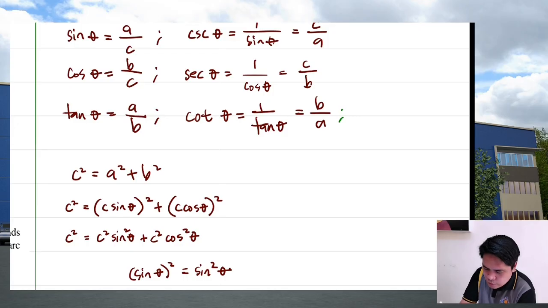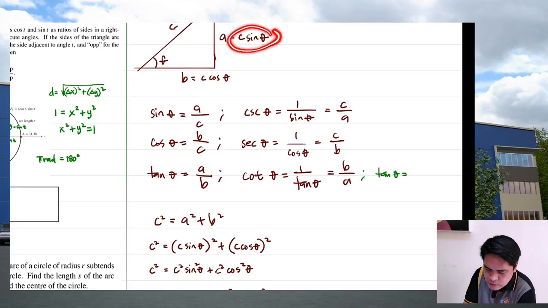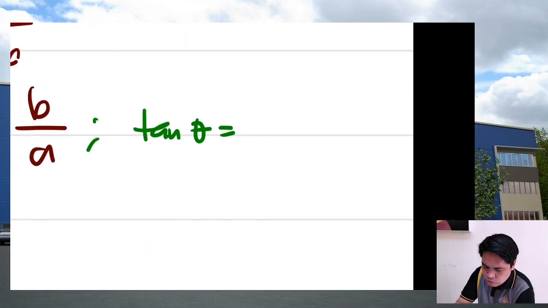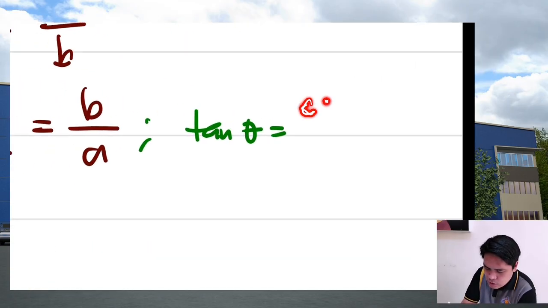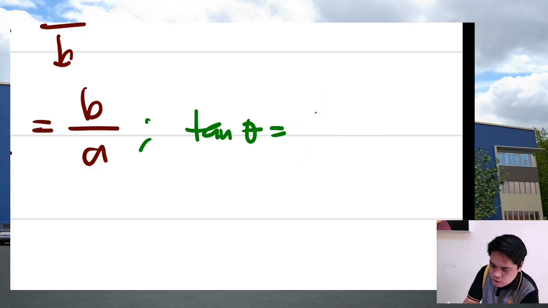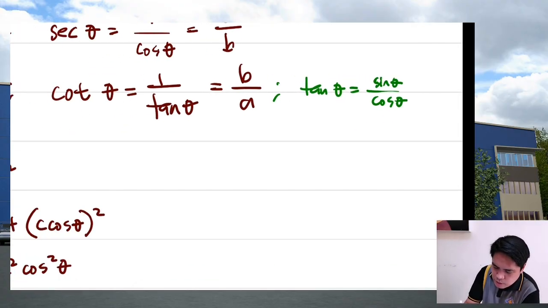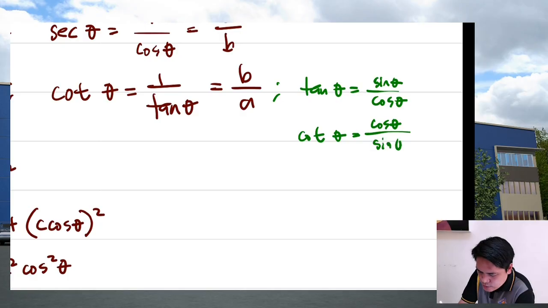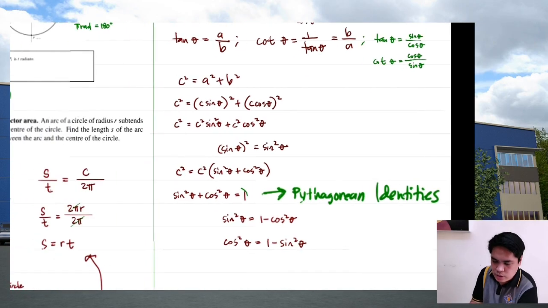Sa tangent theta, we have A over B. So, tangent theta is A over B, and we know that A is C sine theta and B is C cosine theta. So, sulat ko lang muna dito, temporary. A is C sine theta and B is C cosine theta. So, cancel this out. So, tangent theta is just equal to sine theta over cosine theta. So, that means cotangent theta is the reciprocal of this. So, that's cosine theta over sine theta. So, that's cotangent. Okay. Gamitin natin siya dito.